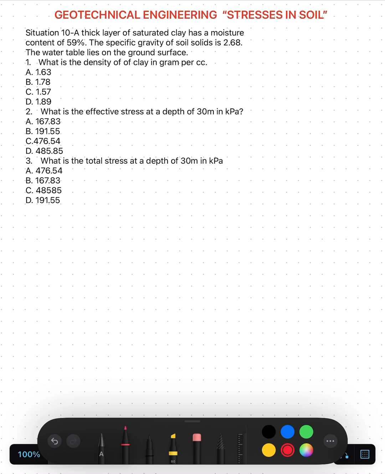Now we need to establish what are the given. It states that it is a thick layer of saturated clay. So meaning if it is saturated, then we have S is equal to 1.0 or 100% saturation. Next, it has a moisture content of 59%, or 0.59 in decimal.